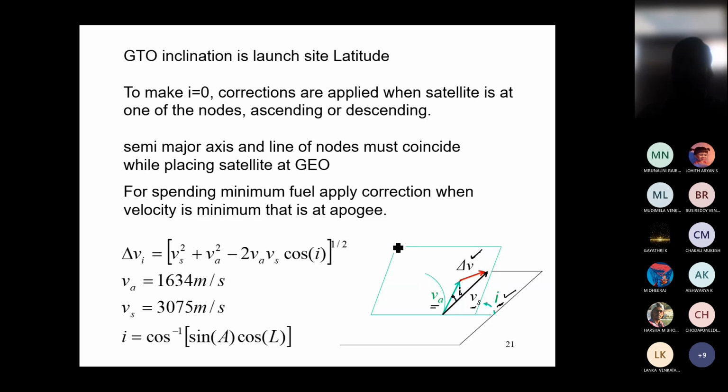It is moving in the GSO orbit. So if we apply the previous formula, that is the third law of Kepler, you will find that this particular orbit is an elliptical orbit. If you find the velocity, it will come as 1643 meters per second.